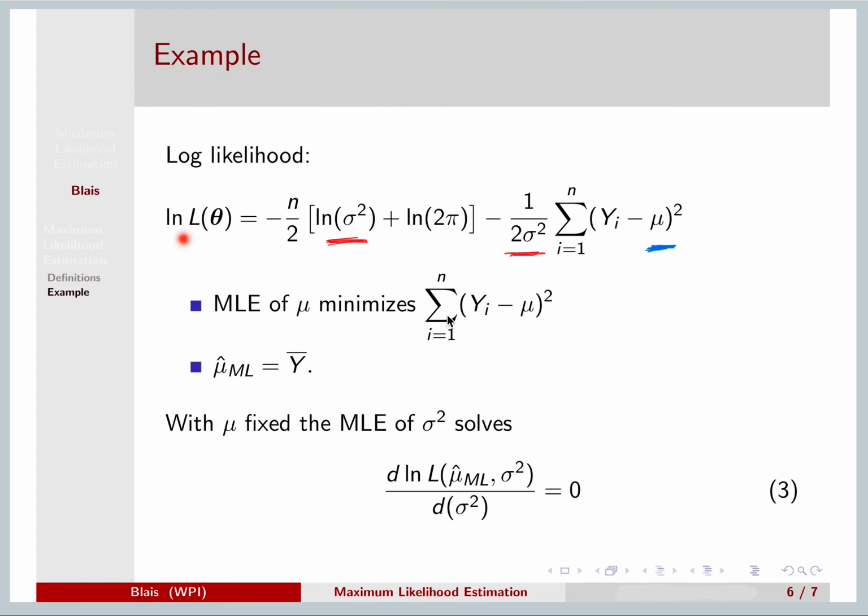In order to maximize the log likelihood with respect to just mu, we can choose the mu that maximizes this second term, or equivalently, because there's a negative sign, this sigma squared is positive, this sum of squares is positive. So this whole expression, when you're multiplying by a minus 1, is less than or equal to 0.